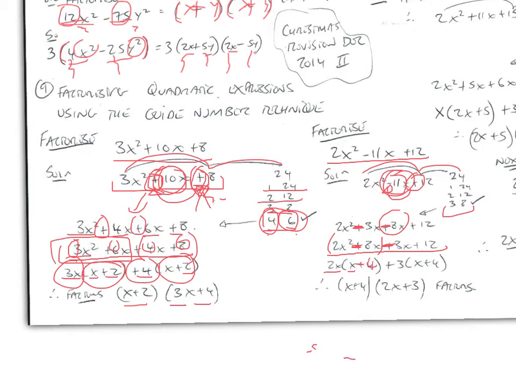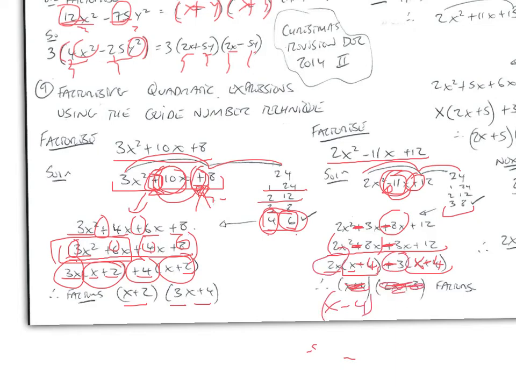Okay, and then I'll take out my minus 3 here, and that will go into minus 3x positive x times, and minus 3 into 12 will be minus 4. So my standout factor is x minus 4, and my other factor is 2x minus 3.